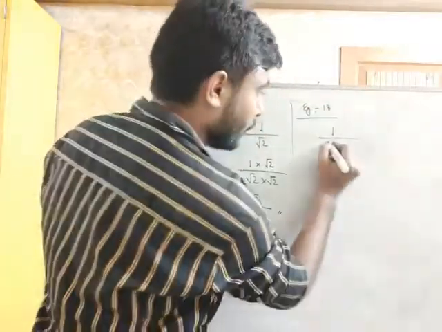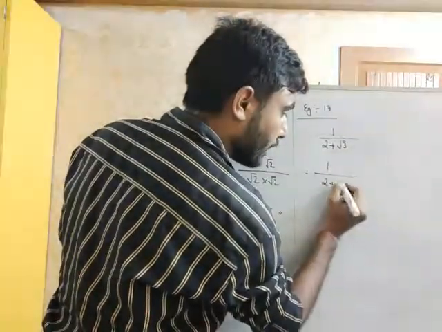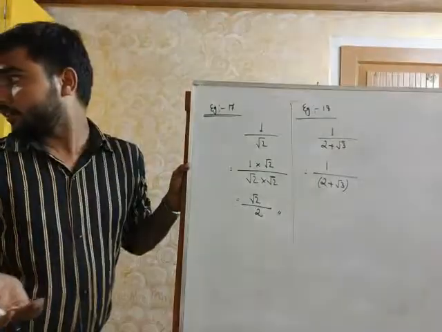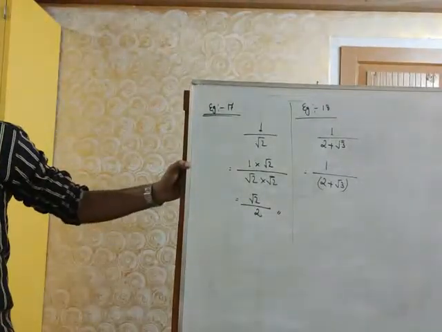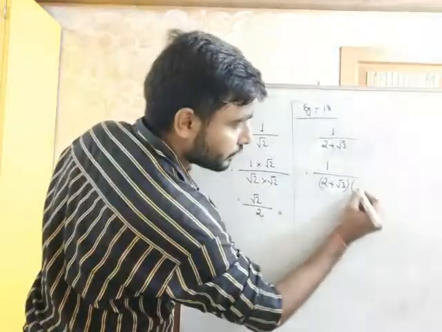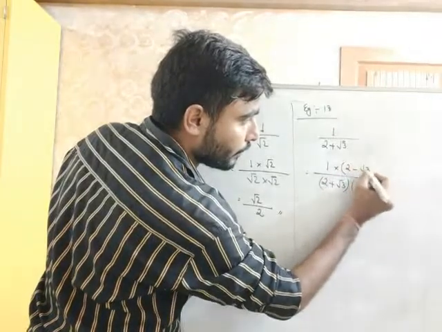One by 2 plus √3. So here 2 plus √3 is in the form a plus b. So what we will do? We will multiply by 2 minus √3.